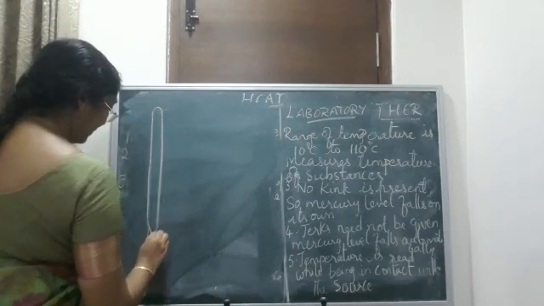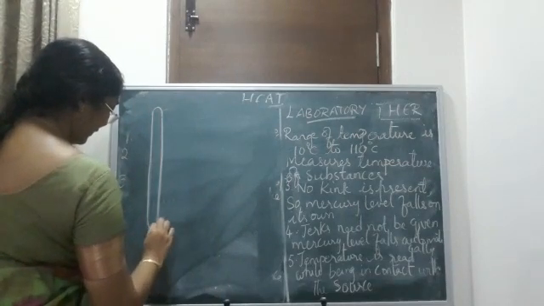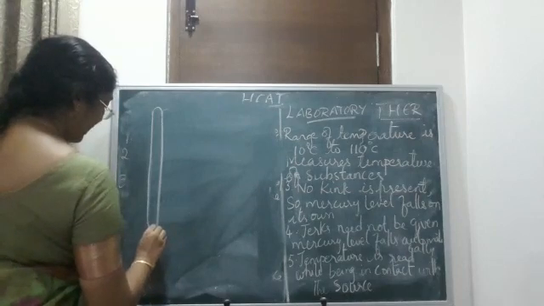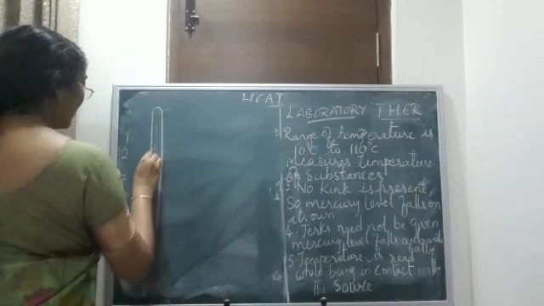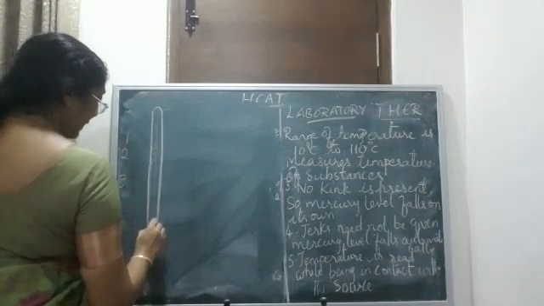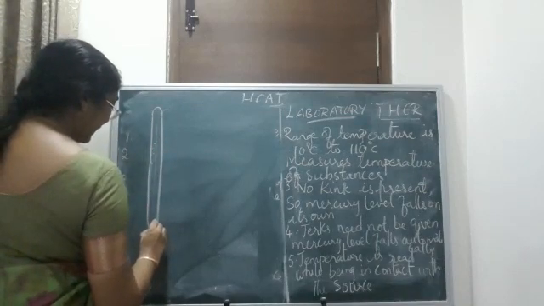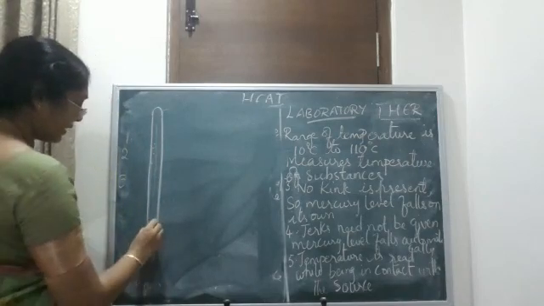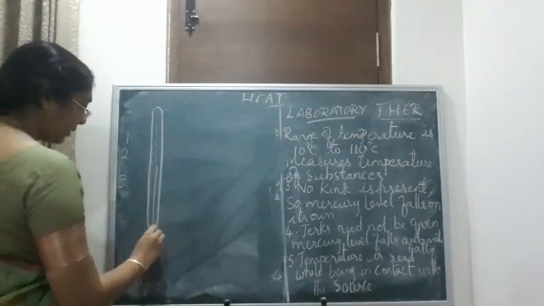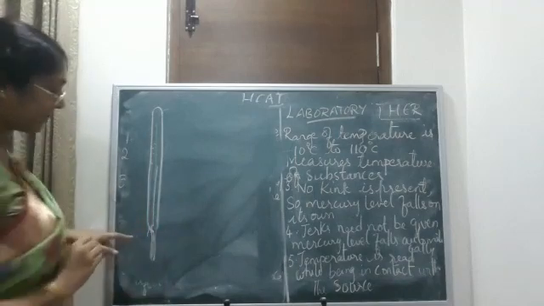This is the bulb which is filled with mercury. And this is a small capillary tube that runs here, and it will have graduations. Here in the neck there is a U-shaped bend like this, which is called the kink.